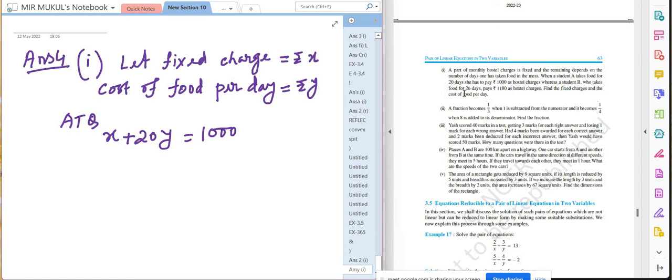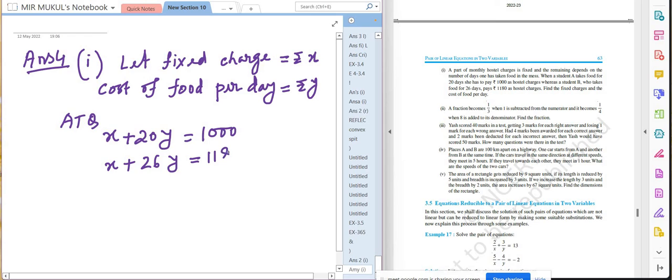And if he is taking 26 days, then x plus 26y equals 1180. Which method will be easy for this kind of question?